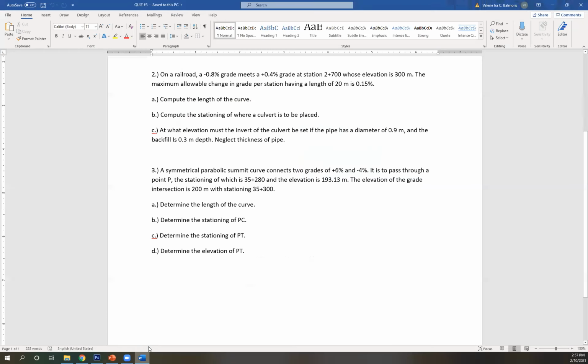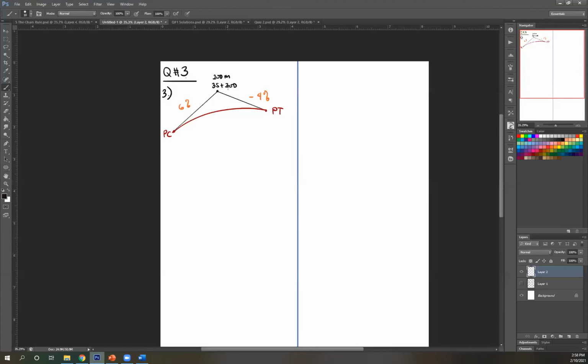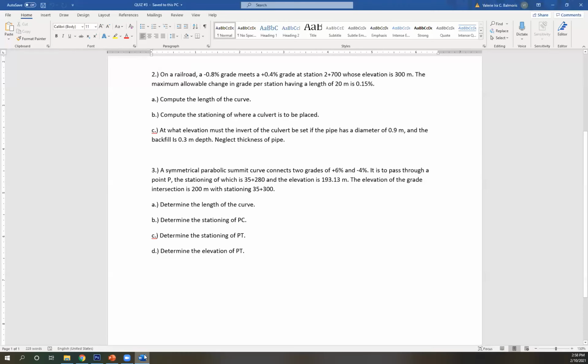Okay. So point P is 35 plus 280. So that's less than your point of intersection. So it's to the left. It's somewhere here. So your point P, 35 plus 280. Okay.